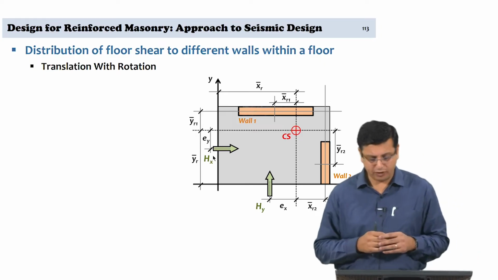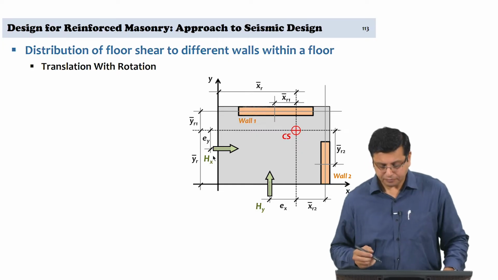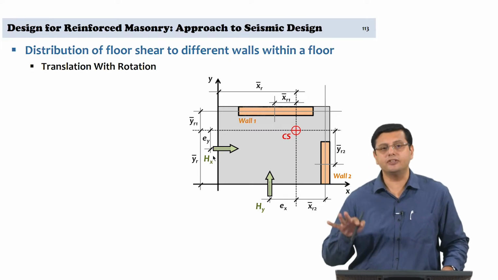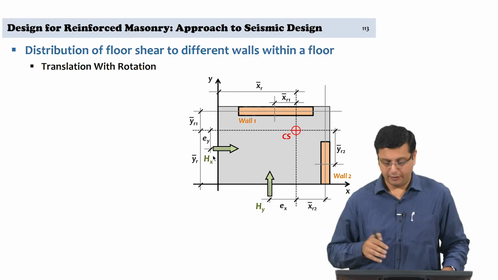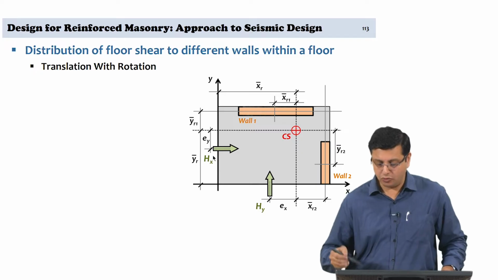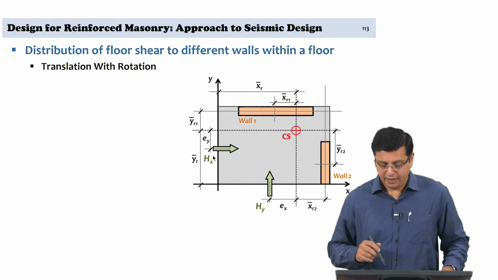So, let us examine for a moment the plan configuration that you have on the slide. The gray rectangle is the overall plan dimension, the overall rectangular plan layout. It has two resisting walls, wall 1 and wall 2.